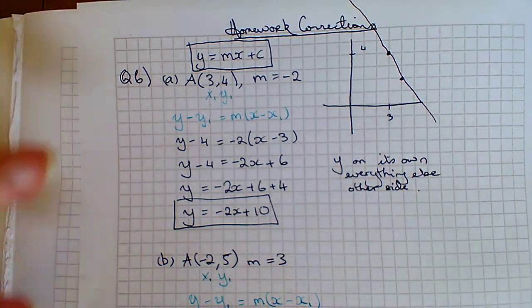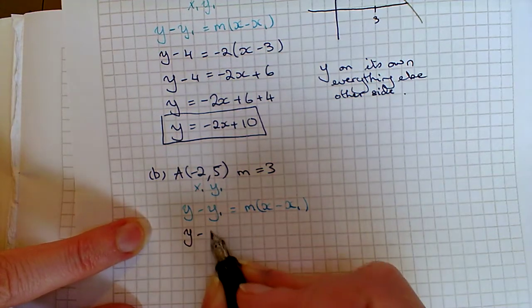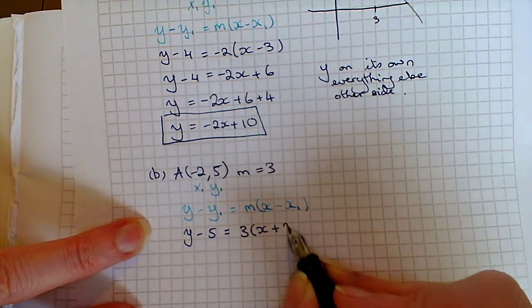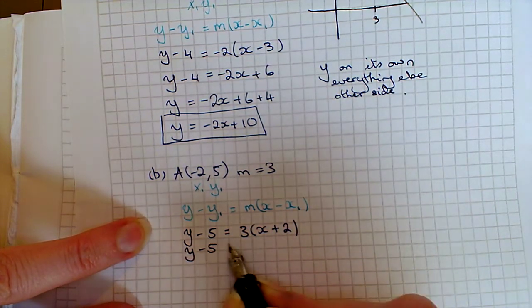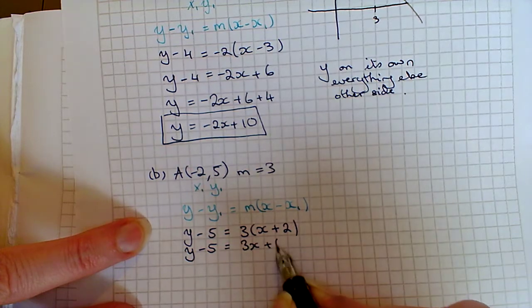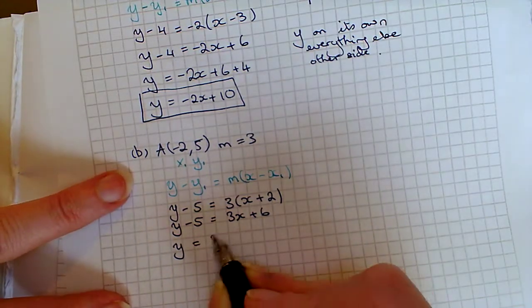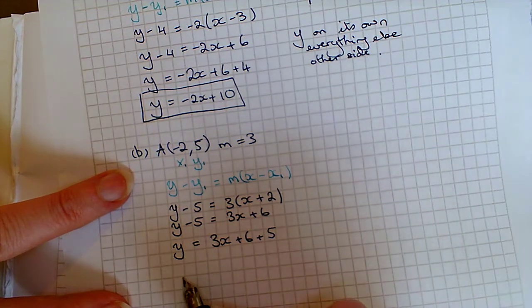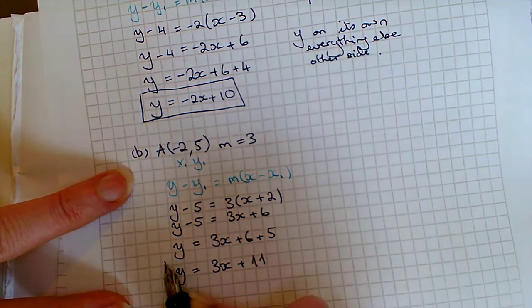Filling into this formula, we get y minus 5 equals 3 by x minus a -2, gives me a +2. Multiply out my brackets, 3x plus 6, and leave everything on this side because of the form that we want it in. Y is equal to 3x plus 6 plus 5, and that simplifies to y equals 3x plus 11.